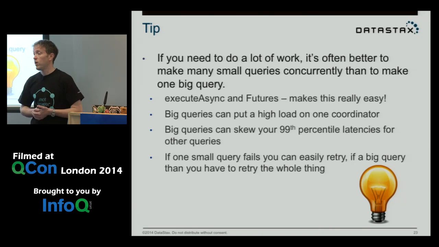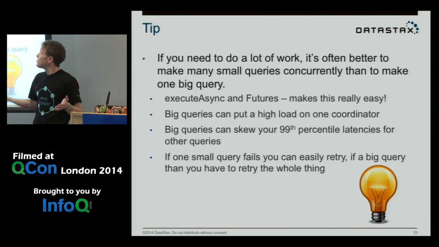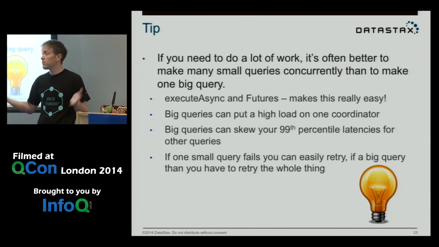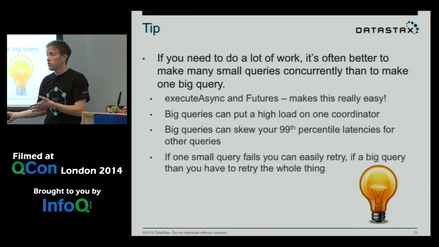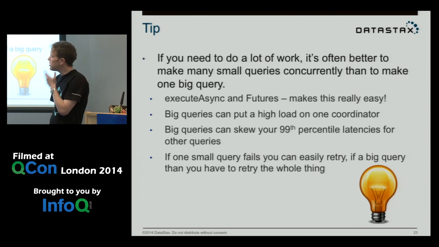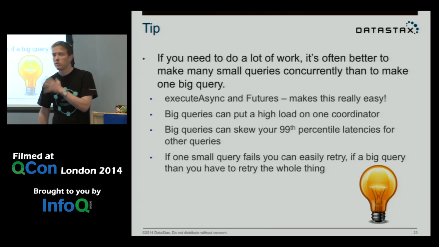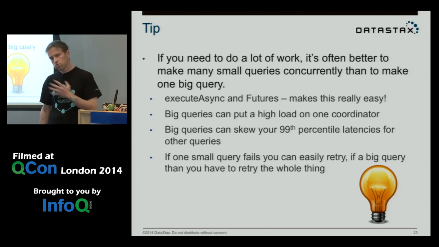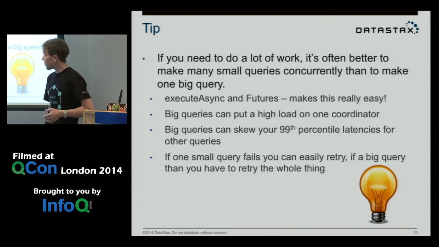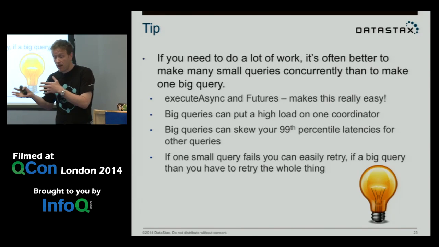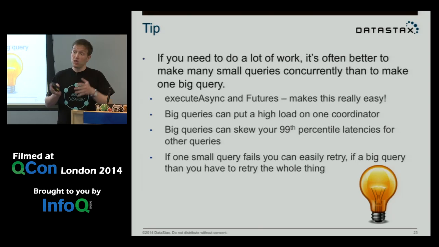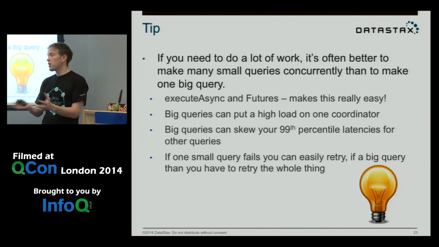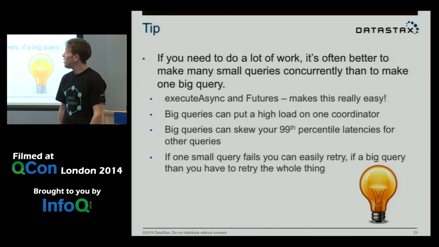It's not an expensive operation. If this is a massive select star from users and something fails halfway through, I now need to do this again. Obviously there are going to be some use cases in your apps where this might not be appropriate, but it's your friend. And because you can use this in conjunction with registering listeners and callbacks, you can bring it all together as you need it.